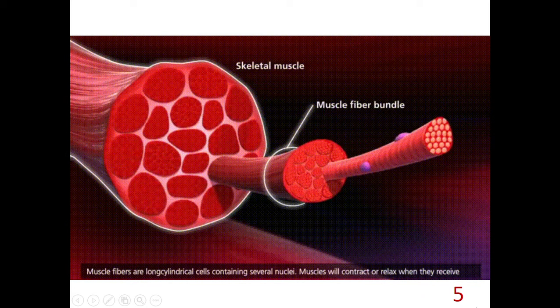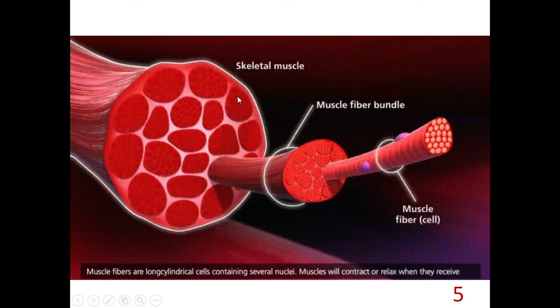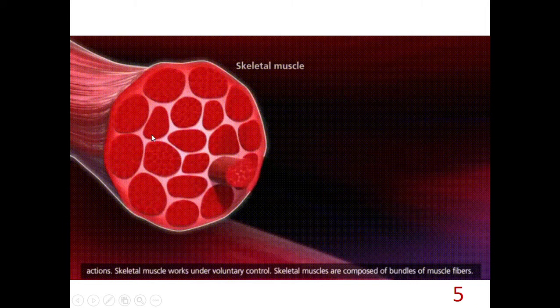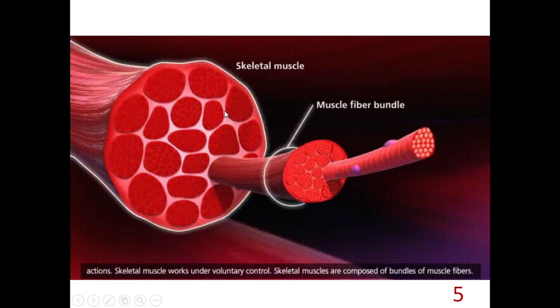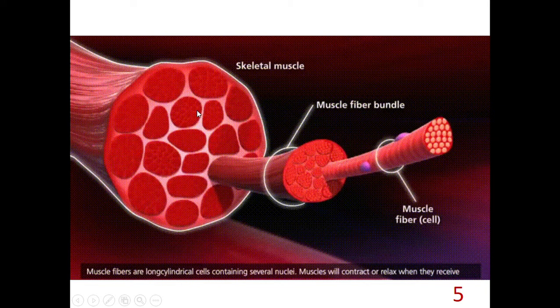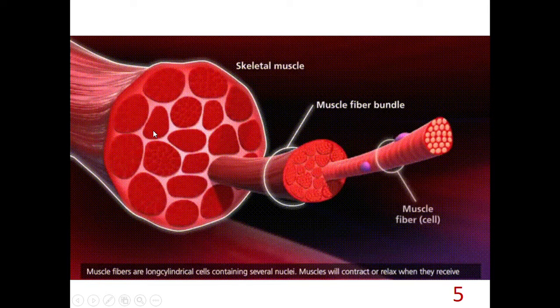In this video, we see skeletal muscle, and epimysium is the connective tissue that surrounds the entire muscle. These big circles are muscle fiber bundles, and perimysium surrounds each skeletal muscle fiber bundle.